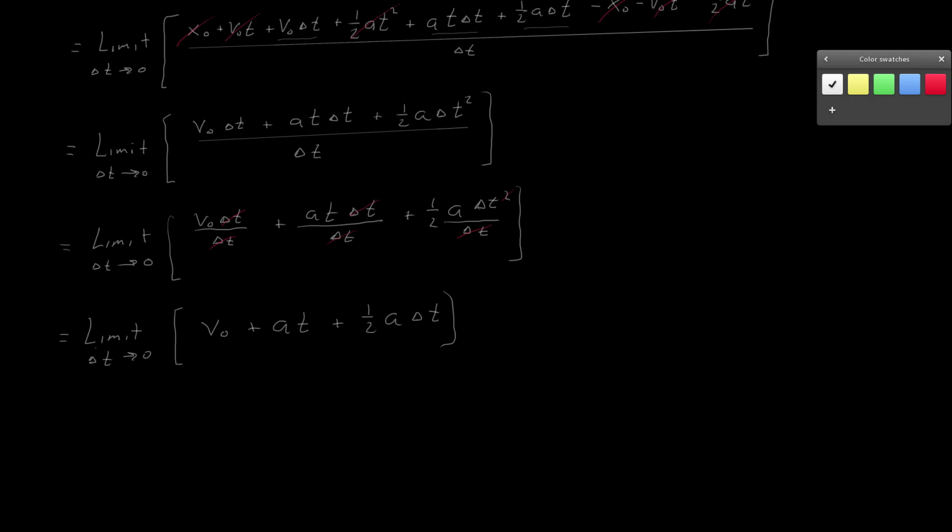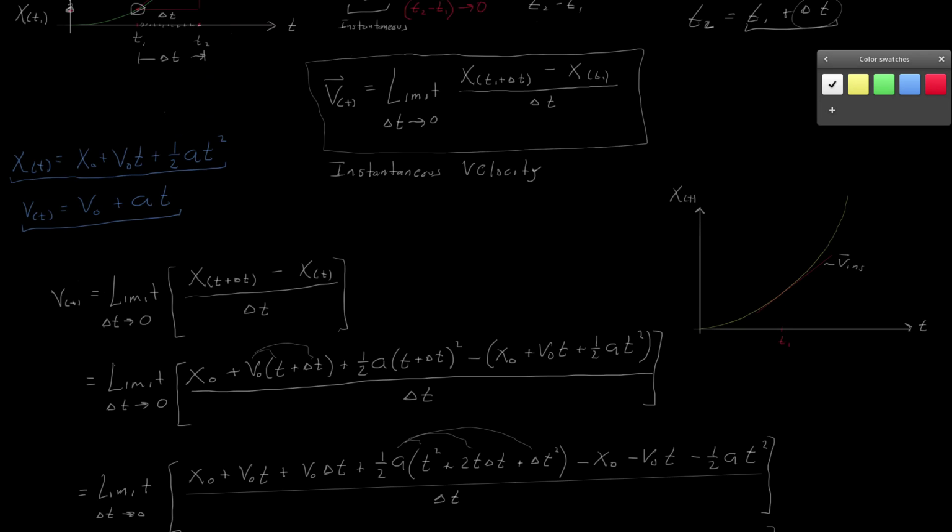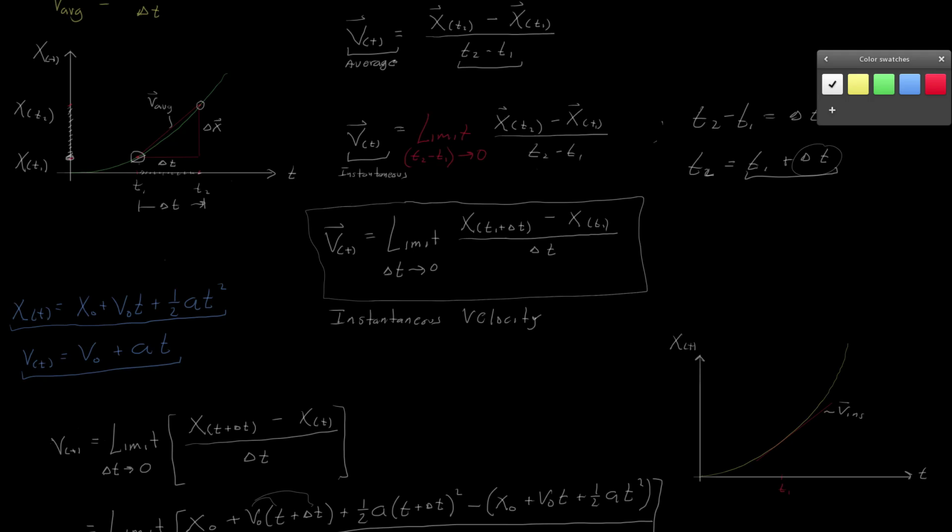So now let's consider finally what happens in the infinite limit as the time interval between time 1 and time 2 on our graph up here gets infinitely small. So these 2 points get infinitely close together.